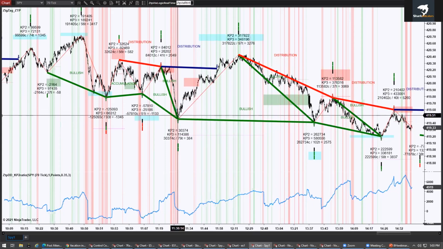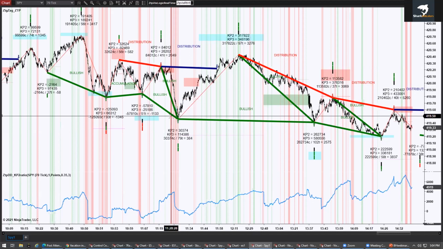That's why I want the confirmation that I get from both the VIX and the cumulative delta, which is what a lot of these real-time signals are coming from. Just because we have the signal doesn't mean I'm automatically trading the signal. What I need to see is I need more.